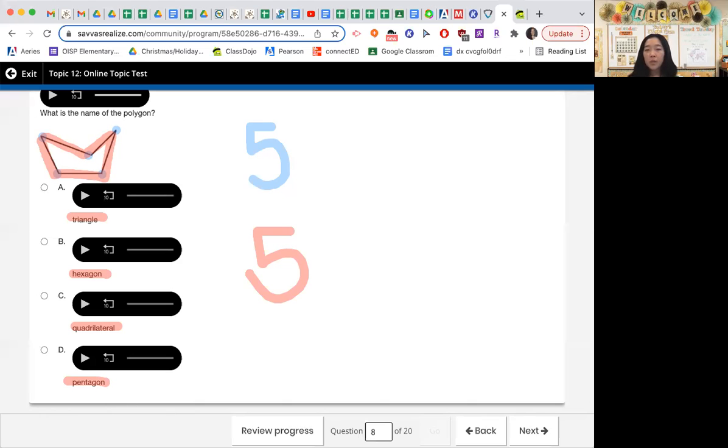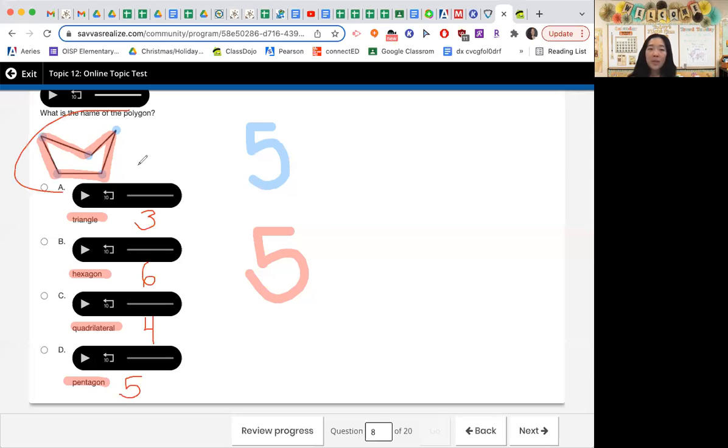Dimitri, we know that a triangle has 3, right? How many does the hexagon have? 6. How many does a quadrilateral have? 4. And how many does a pentagon have? 5.